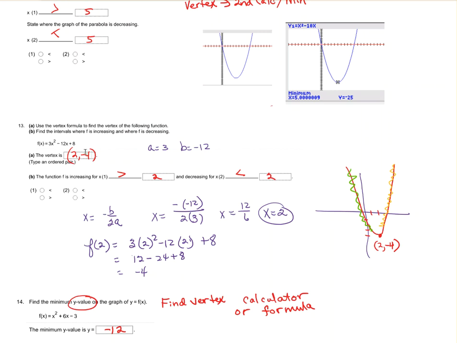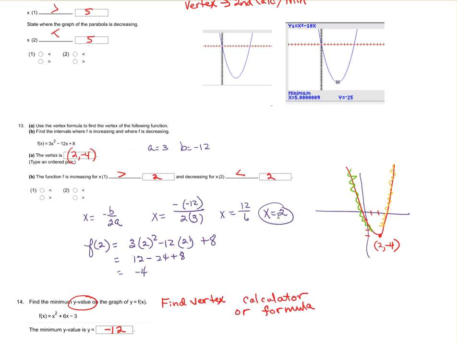All right, so we've got this, and we need to use the vertex formula. So a is 3, b is negative 12. x is negative b over 2a, so that's negative negative 12 over 2 times 3. That's positive 12 over 6, which is 2.